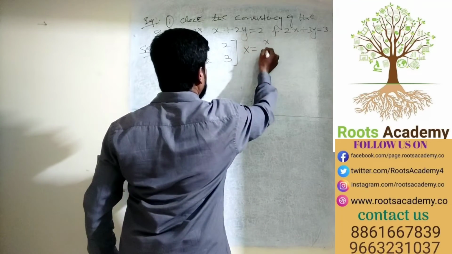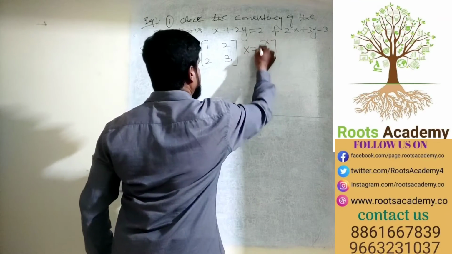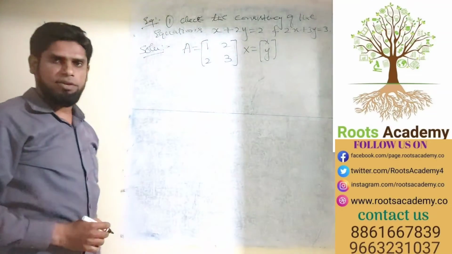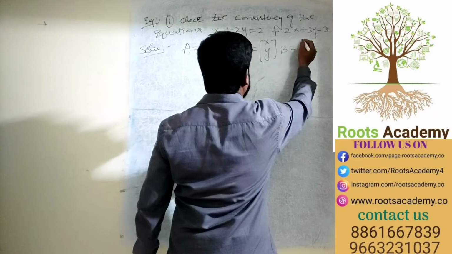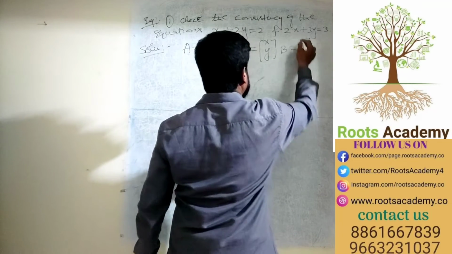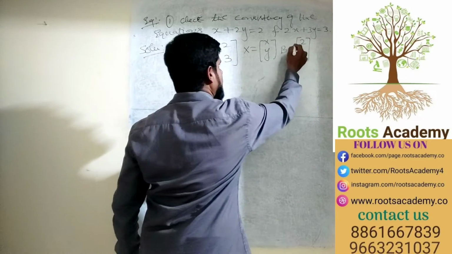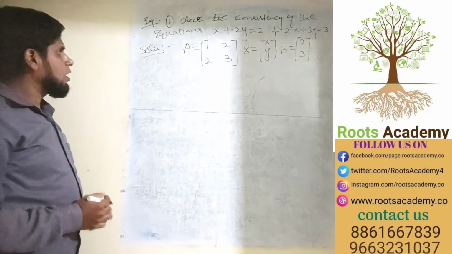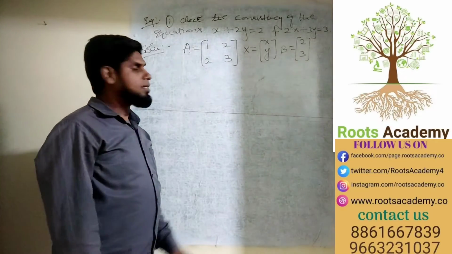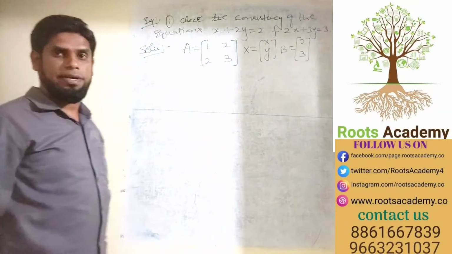Matrix X, the variables. There are only two variables, x and y. B matrix is 2, 3, the two constants. After this, the first thing is the determinant.